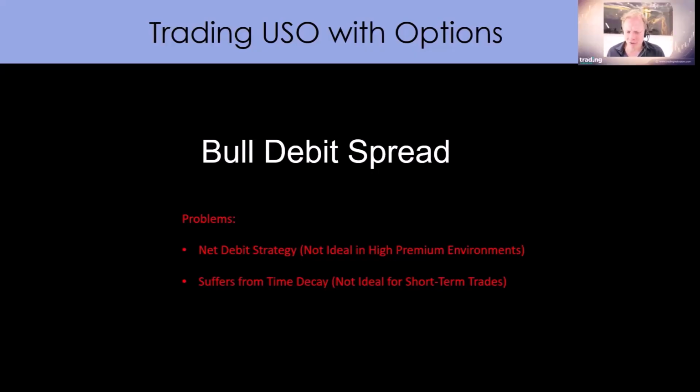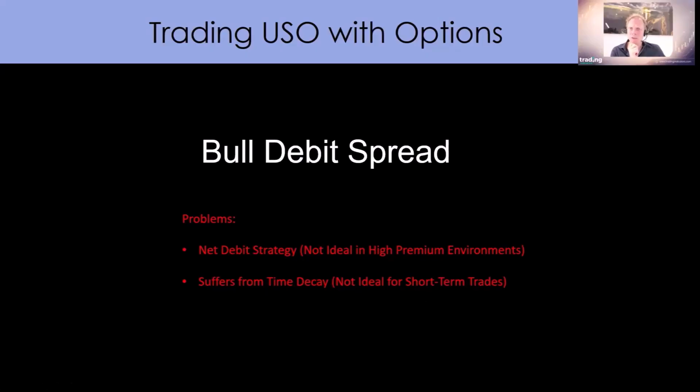But these quick trades with expirations which are not too far out will suffer quite a bit from what is called time decay, which is also not perfect for an options buying strategy because the value of your options will decay in an accelerated manner the closer you get to your expiration. So maybe not the best idea in the current market conditions for USO.